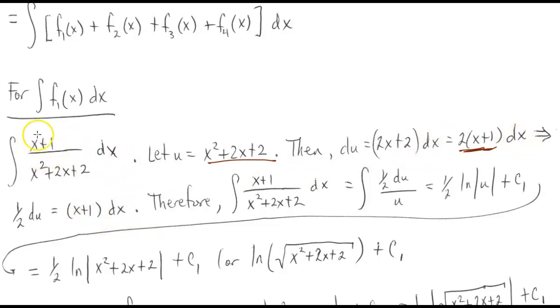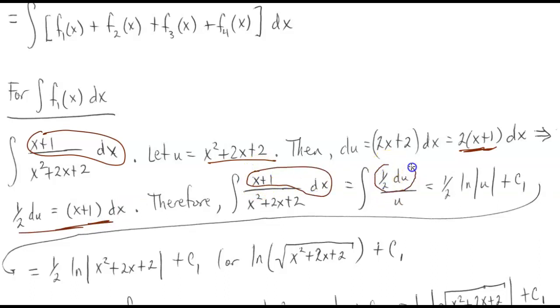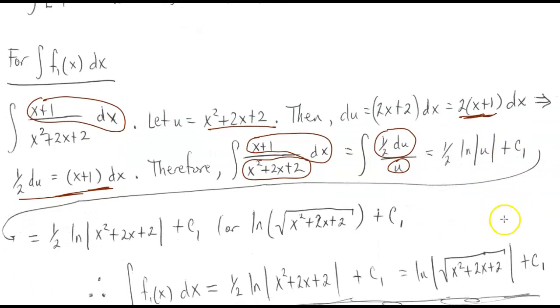So we need to be able to replace this in terms of u. And so now we have that. So now we can take this x plus 1 dx and just replace it with 1/2 du, and take our quadratic factor in the denominator, replace that with u, and then just take the antiderivative. And of course, everything is kind of easy from there.